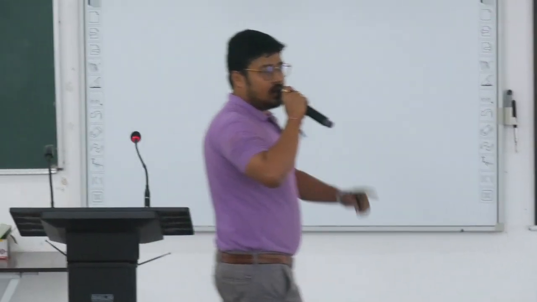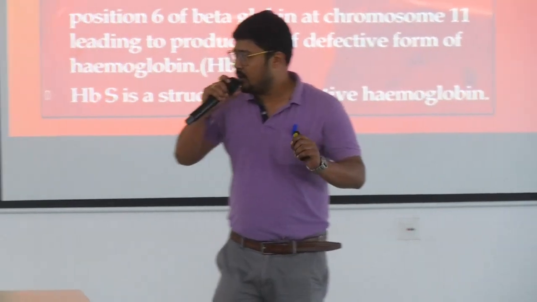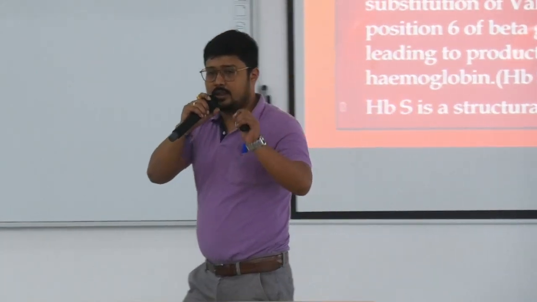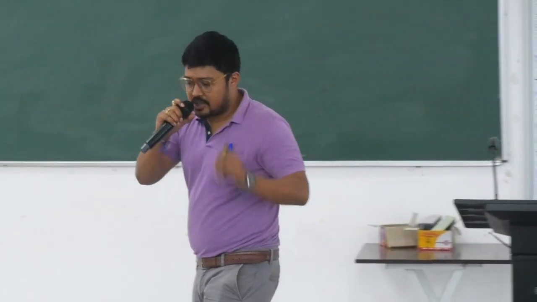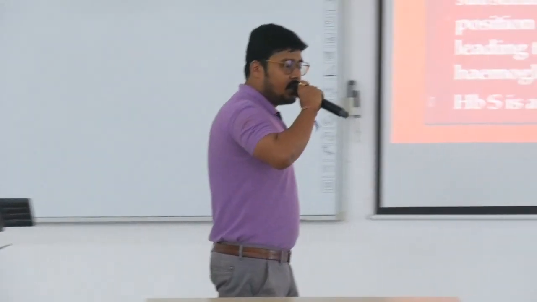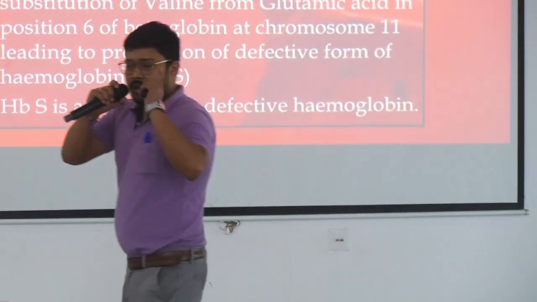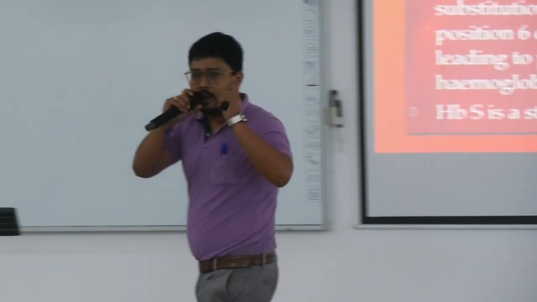So, for reminding you, any disease that occurs with clinical manifestation of structural deformity, like chondroplasia, like short limbs, like any deformity or any congenital disease that comes with structural deformity, is most commonly autosomal dominant.